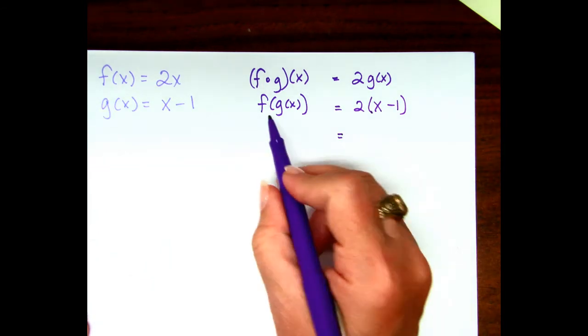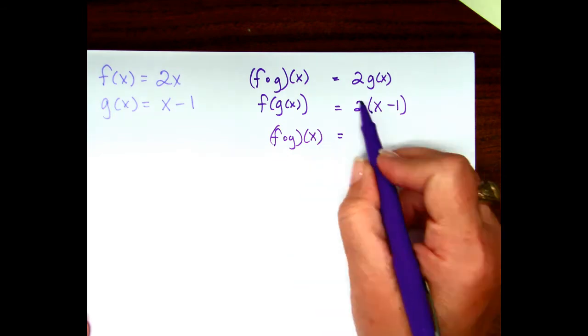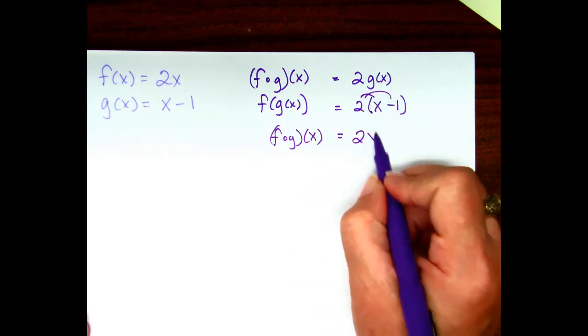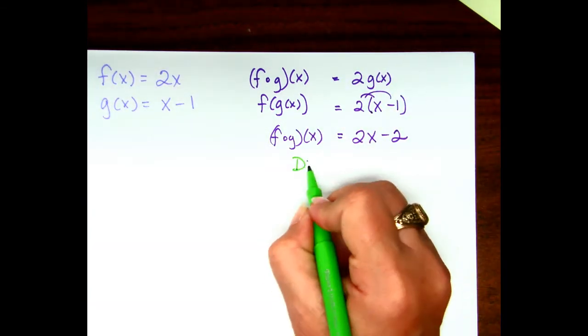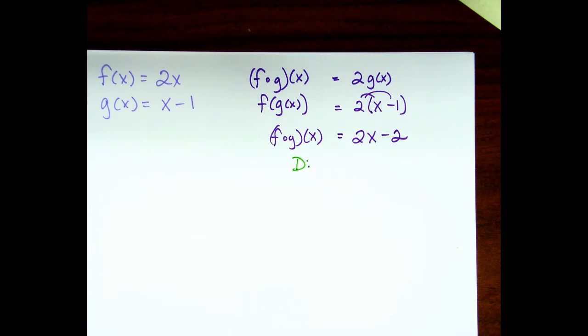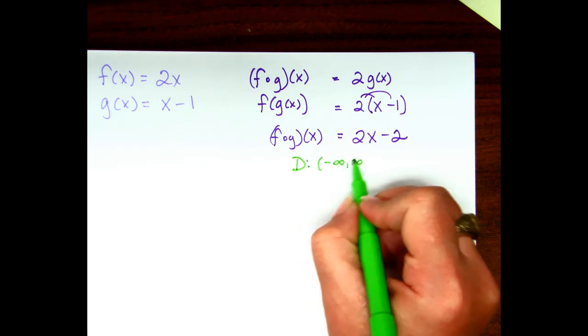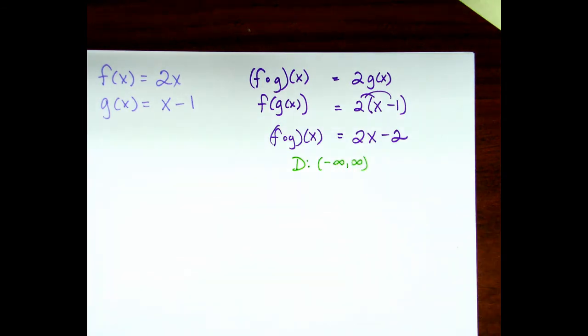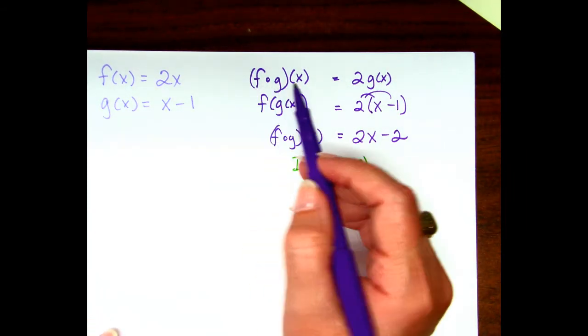So to find f of g of x, I'm going to distribute to get 2x minus 2. Now, to make sure we talk about the domain of this as well, I just think to myself, what shape is this? It's a line, so it's the domain of a line. All reals.